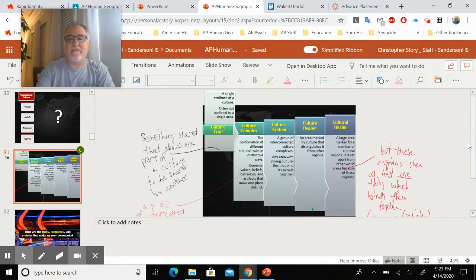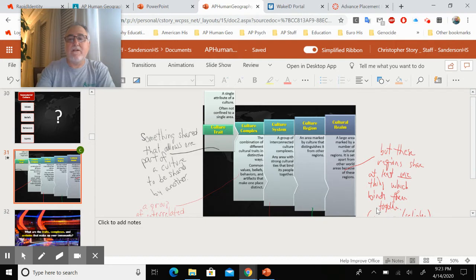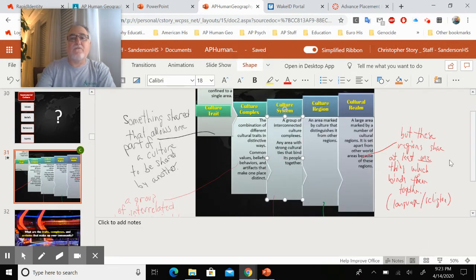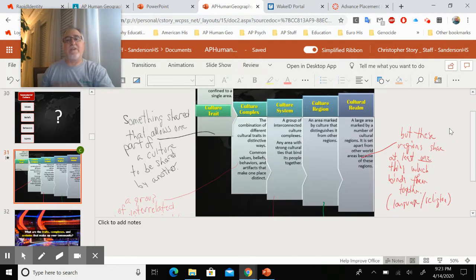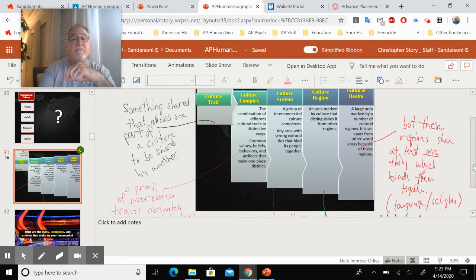That's overly simplistic. The next one we are looking at is the cultural system, and this is a group of interconnected complexes. Remember, a complex is all those interrelated things I scrolled over there. These interrelated complexes truly define who a region is.